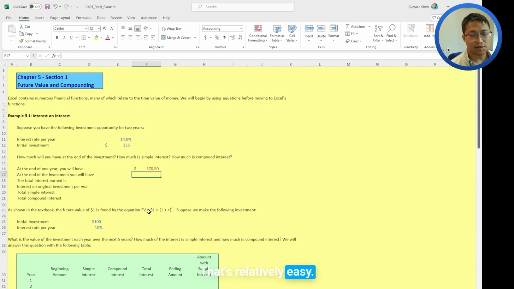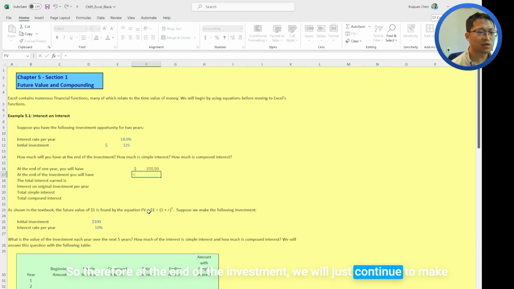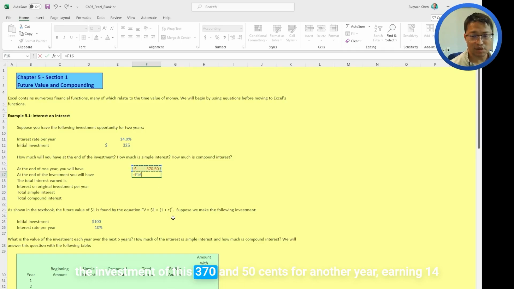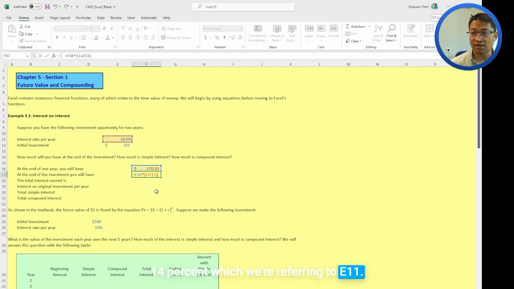That's relatively easy. The second question is, at the end of the investment, how much money will you have? We're going to make the investment for 2 years. So at the end of the investment, we just continue to invest this $370.50 for another year, earning 14% interest, which we calculate by using 1 plus 14%, referring to E11.